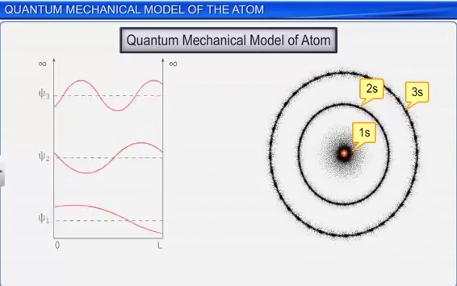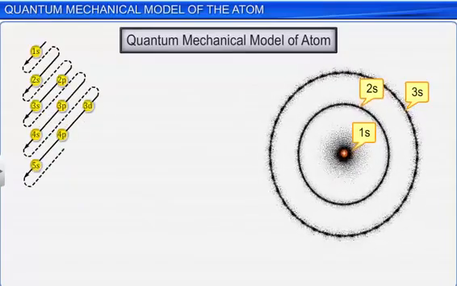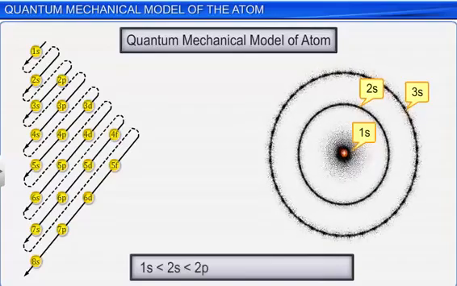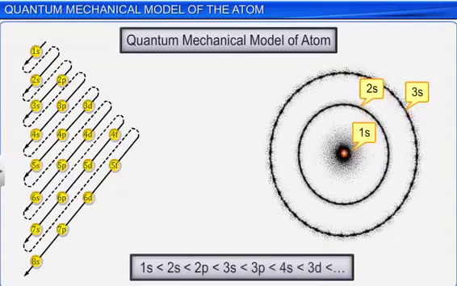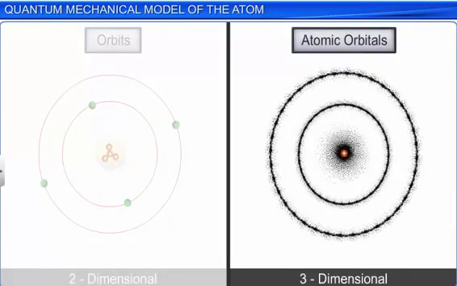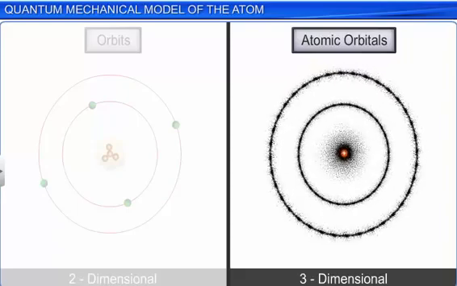In a multi-electron atom, the electrons are filled in various orbitals in the order of increasing energy. Note that these orbits are two-dimensional circular paths around the nucleus, in which the electrons revolve, whereas atomic orbitals are three-dimensional regions around the nucleus, where the probability of finding an electron is the maximum.